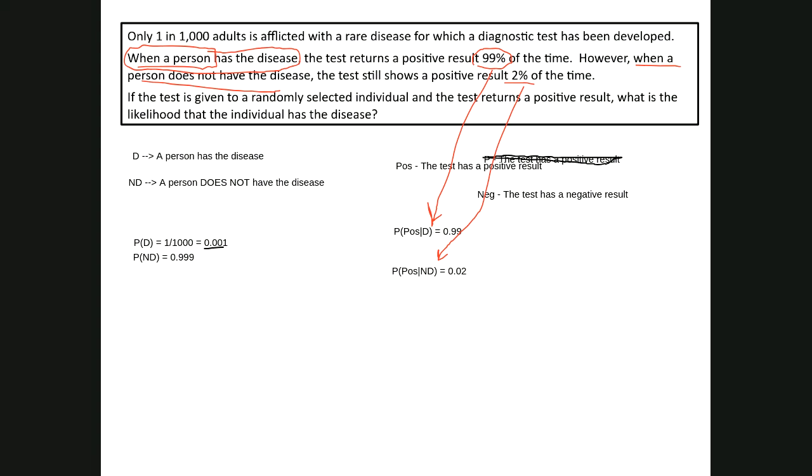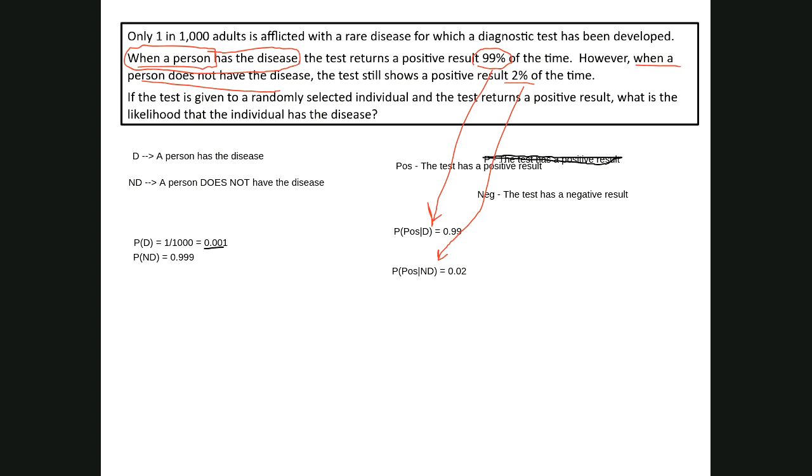This again will be probably difficult to think about, but think about this carefully. The probability that the person has a negative test given that they have the disease is 0.01. There's a 1% chance that you'll get a false negative. In other words, you get a negative even when the person does have the disease.